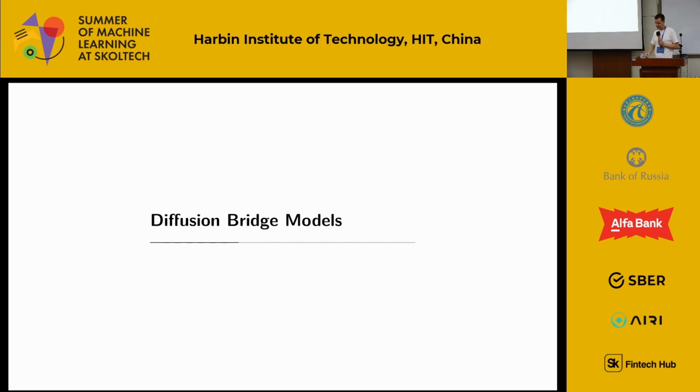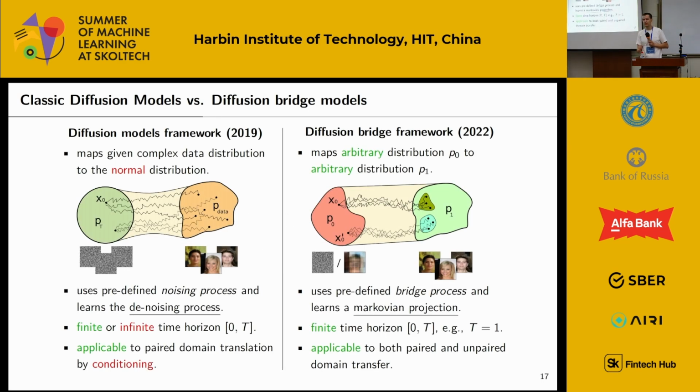Basically, we're going to talk about the diffusion bridge framework, which differs from the classical diffusion model framework in several aspects. First of all, standard diffusion models always learn a denoising process.